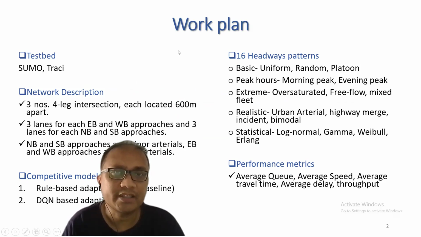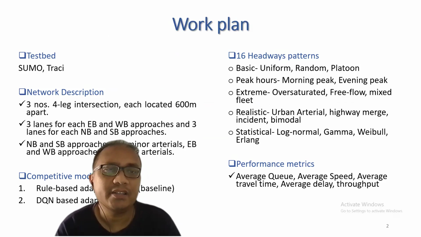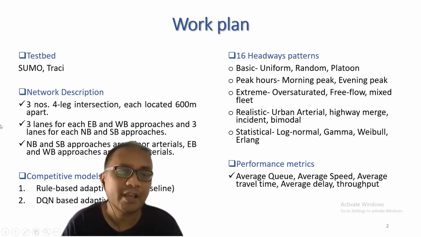The network is three four-leg intersections, each located 600 meters apart, with three lanes for each eastbound and westbound approach, and three lanes in each north-south bound approach. North-south bound approaches are minor arterials, and east and westbound approaches are major arterials.